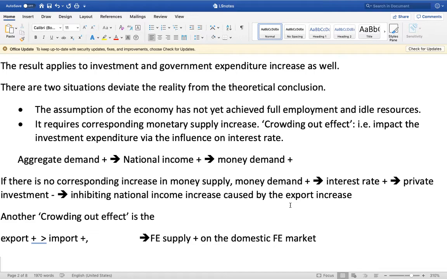And if there is no corresponding increase in the money supply, the money demand increase will cause the interest rate to increase, and the private investment decrease will inhibit the national income increase caused by the export increase.